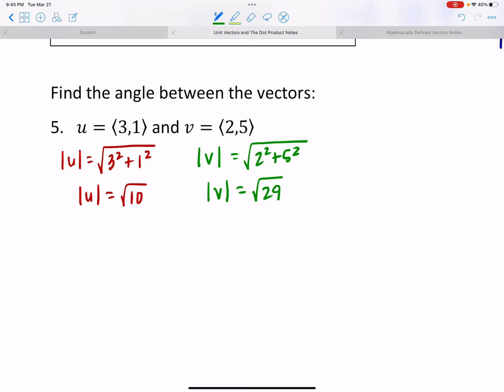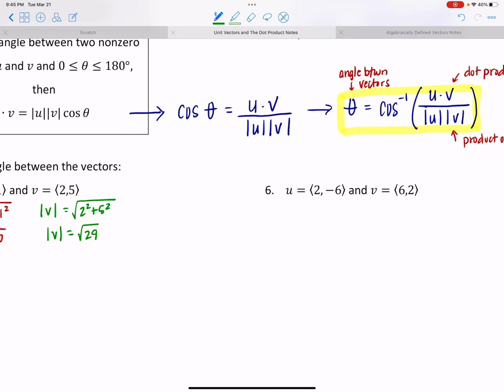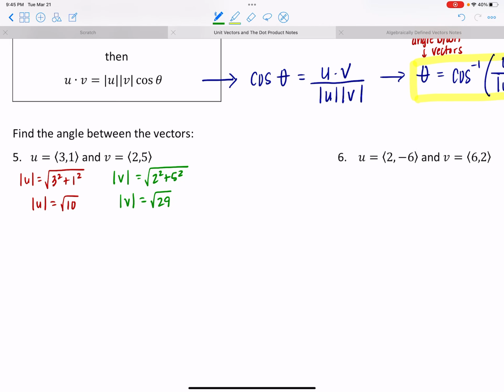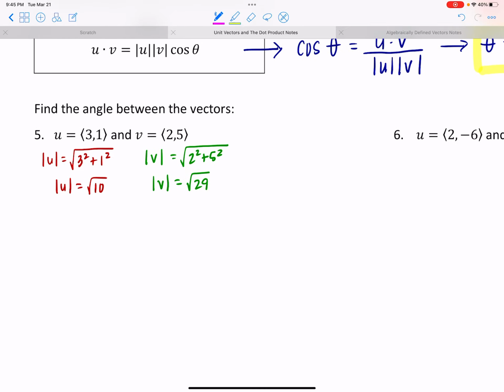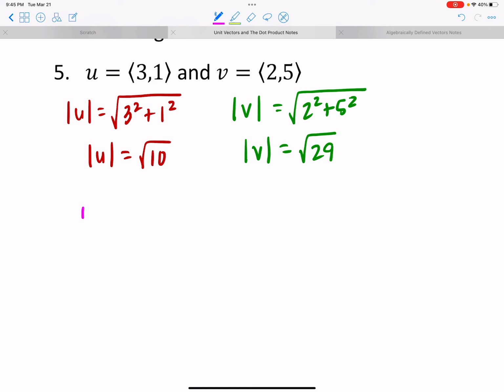So I need to know those magnitudes because they're going to be multiplied on the bottom of my fraction. And then I need my dot product, which is pretty easy to find. So let's do that. U dot v, I'm going to multiply my horizontal components.